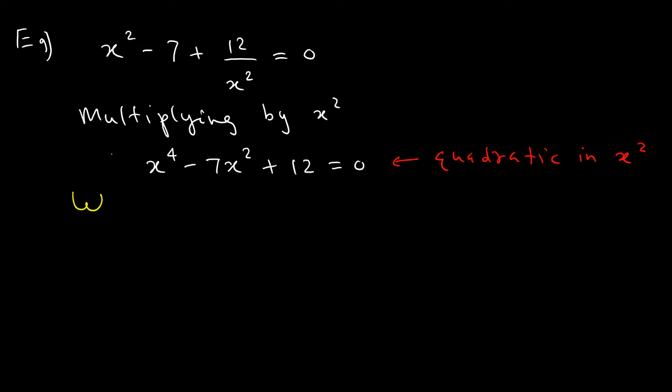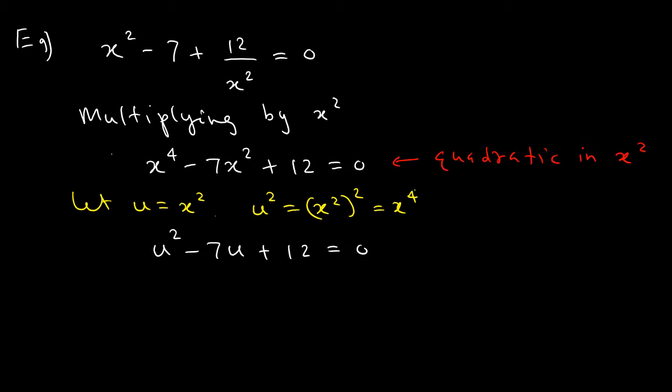So what we normally do is make a substitution. Let u equal x squared. If you do that, then u squared equals x squared squared, that means x to the 4th power. So you can rewrite the equation in u now: u squared minus 7u plus 12 equals 0.